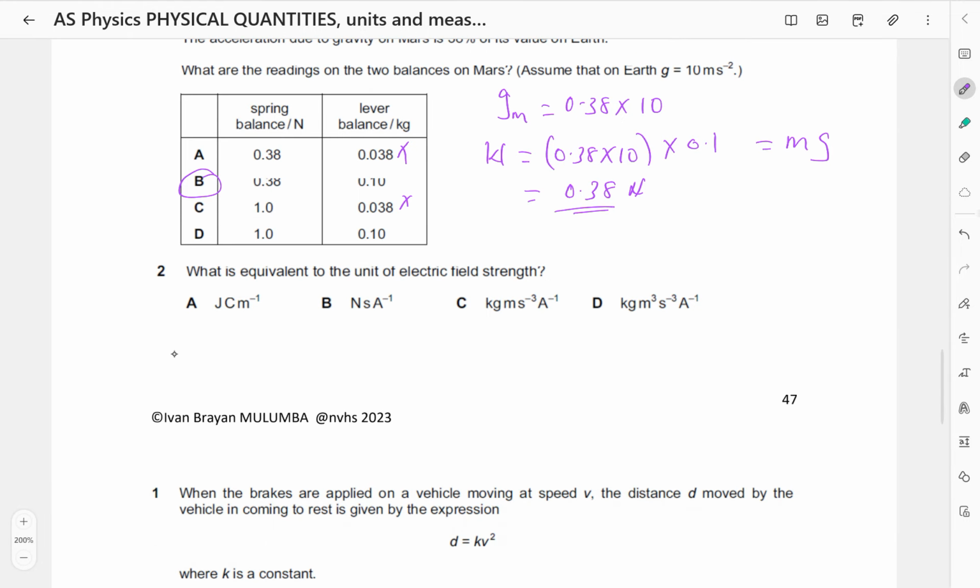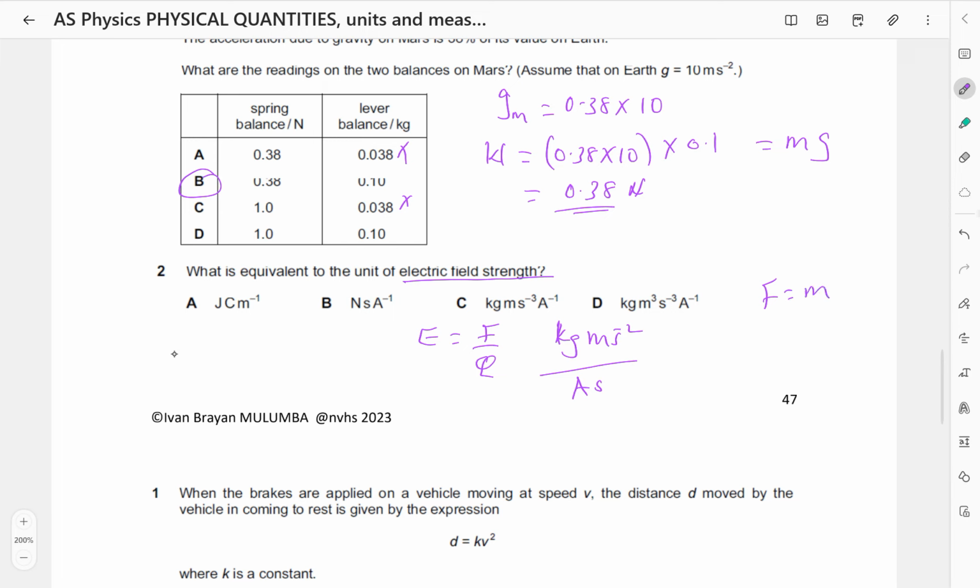What is equivalent to the unit of electric field strength? Also, although electric field strength was removed, we know that electric field strength is the force acting on a unit positive charge. The force is kilogram meters per second squared because it is mass times acceleration. And the charge is IT, where I is amperes, T is seconds.